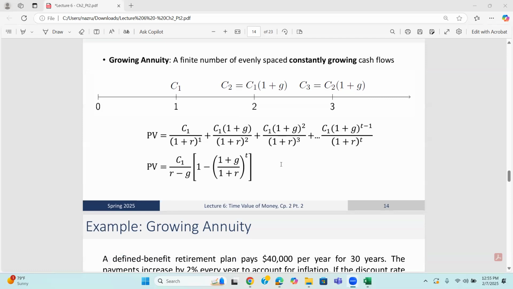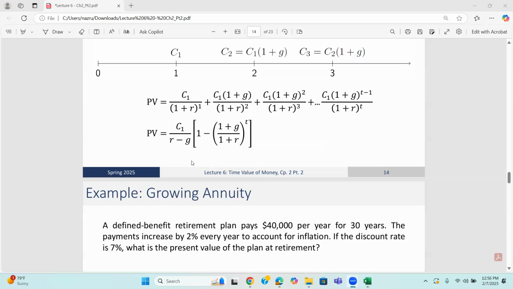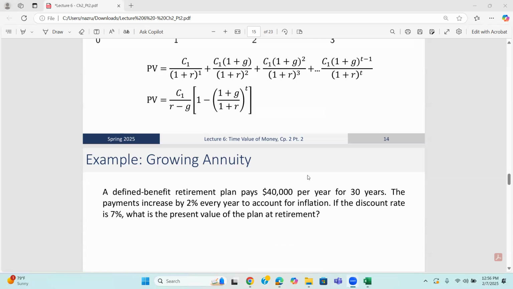If you want to calculate manually, it will be very time consuming, quite tough. So we can use this formula to easily calculate the present value for the growing annuity. Even if it is for 30 years, 40 years, whatever the years, you just put the value for T. And once you have all the information here, you can easily calculate the present value.